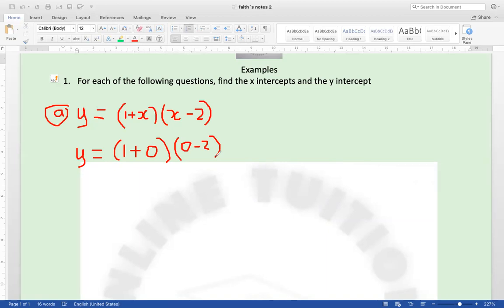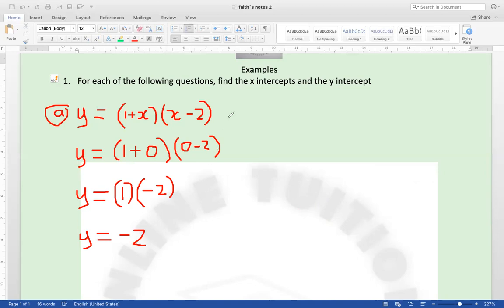So even in the form in which it is, you can substitute the values of x as well as you solve for y. So y will be equal to what we have in the brackets here. It's 0 plus 1, which is 1. And this one is multiplying. What we have in the brackets here is minus 2. Therefore, the y-intercept, the value of y where this graph crosses over the y-axis, is at the point where y is equal to negative 2.